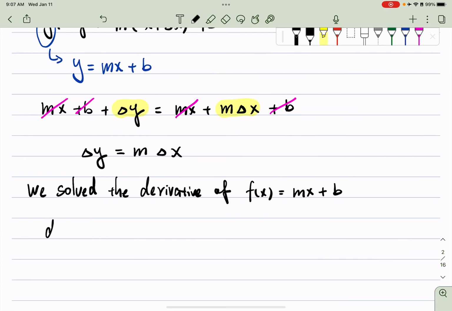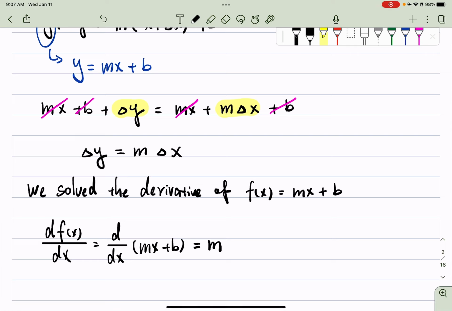What it means is we can write df(x) over dx. So this means the derivative of f(x) with respect to x equals d/dx of mx plus b, which equals m. So the derivative of my linear relationship is just a constant number, that is the slope.